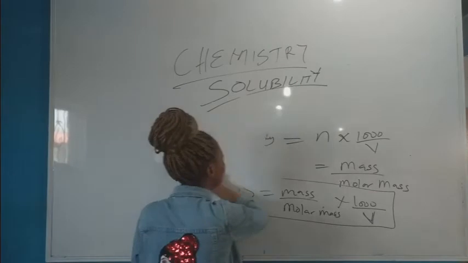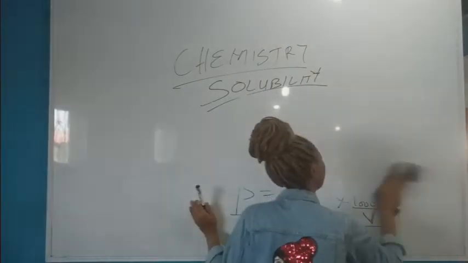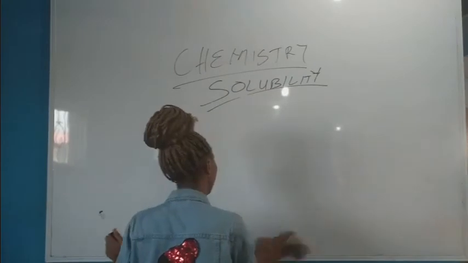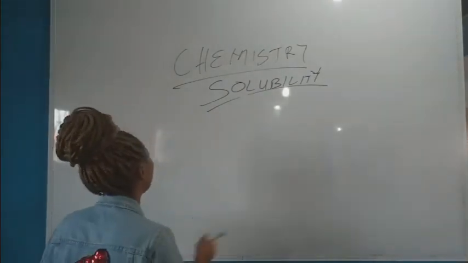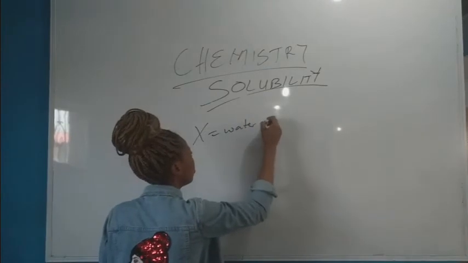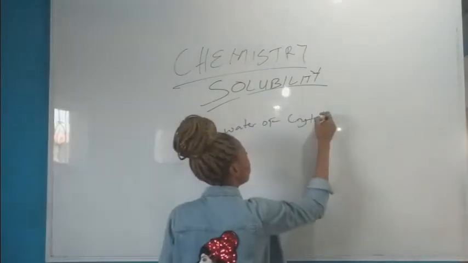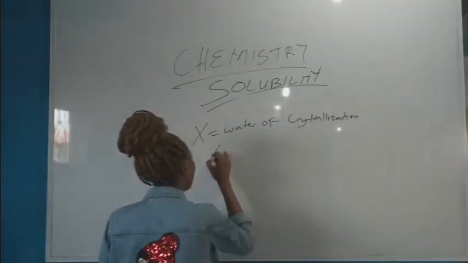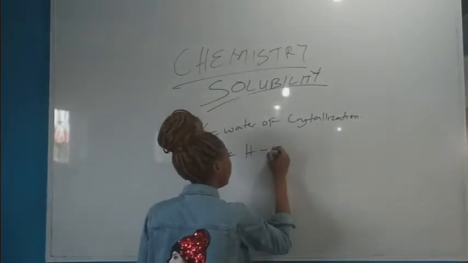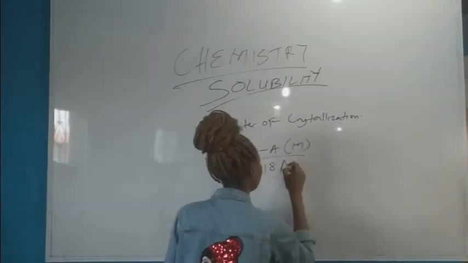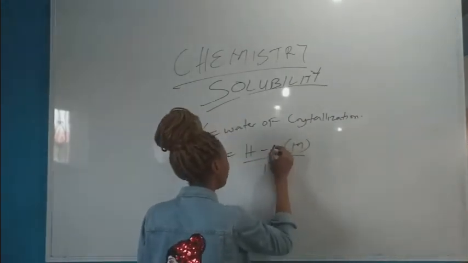So now let's move again. In solubility we have water of crystallization. Let me give you the short formula to calculate water of crystallization. X is equal to water of crystallization, so X is equal to (H minus A) over M, all over 18A. Let me tell you what all these stand for.